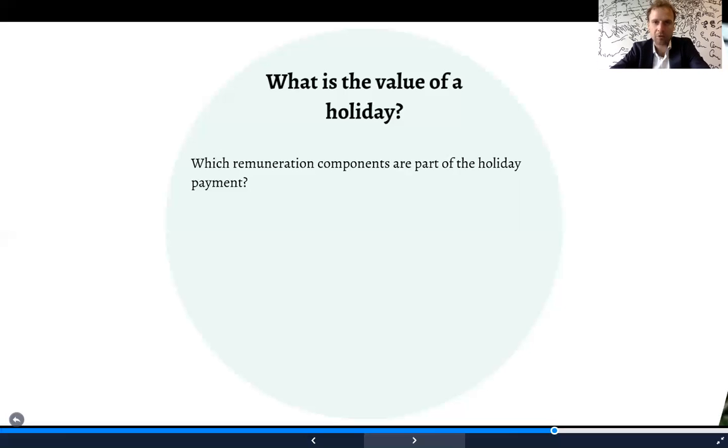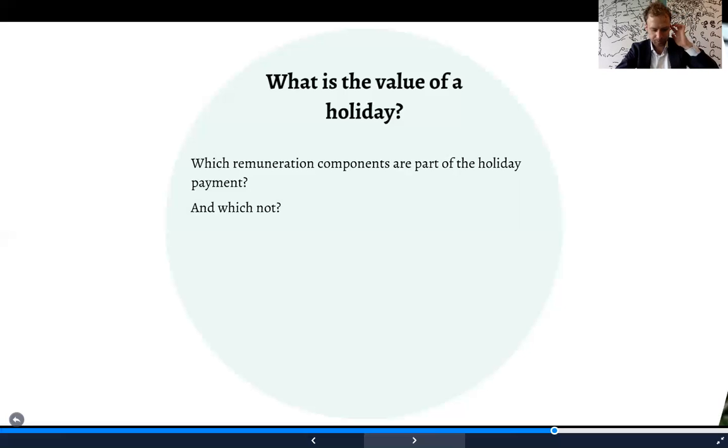So all those components form part of the value of one vacation day. A lot of employers think that it's only the basic salary, but that's not the situation. All those extra components form part of the value of one vacation day.